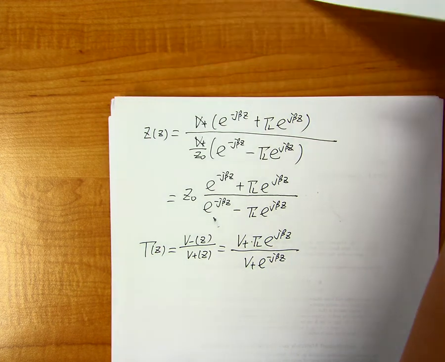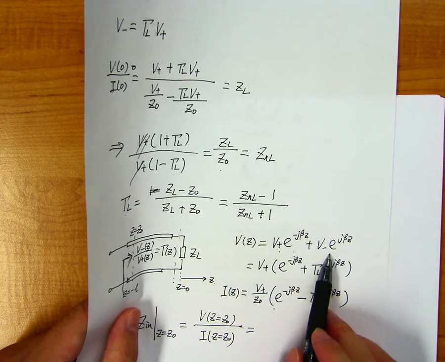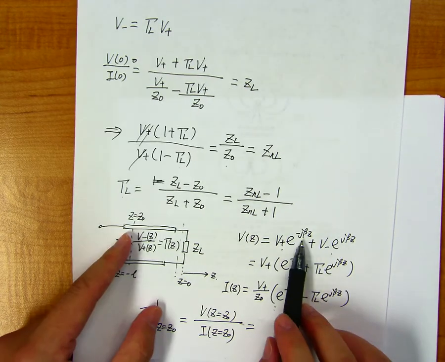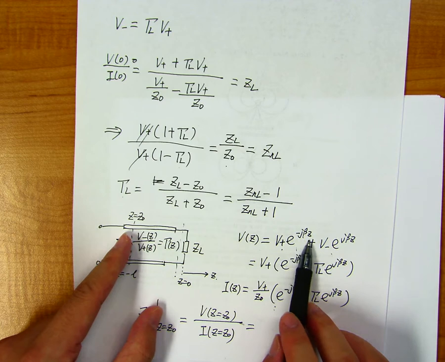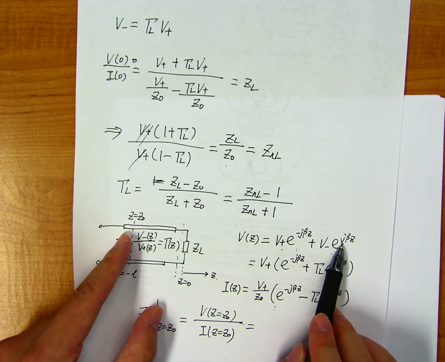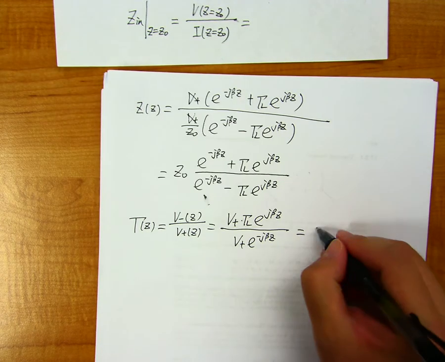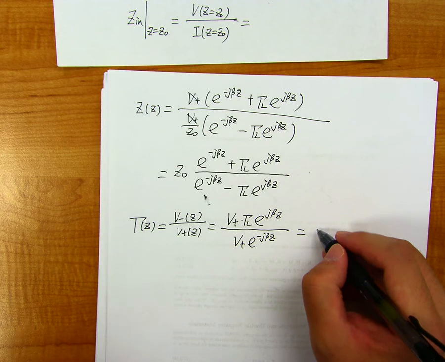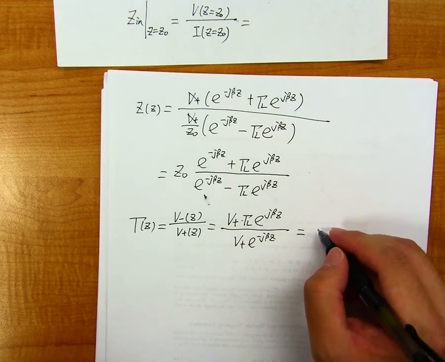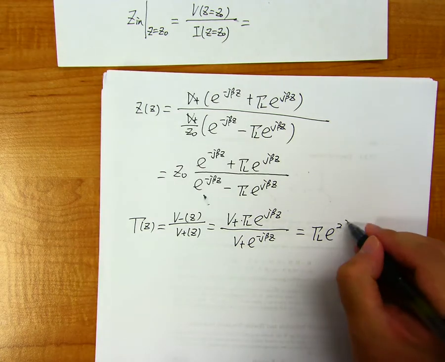Because essentially the right traveling wave and left traveling wave have different dependence on this exponential term. One is minus j beta z, one is just j beta z. So this is gamma L times e to the 2j beta z.